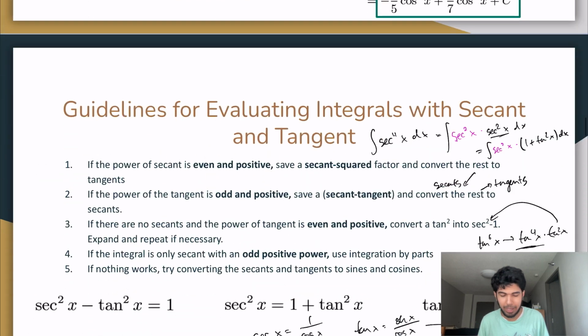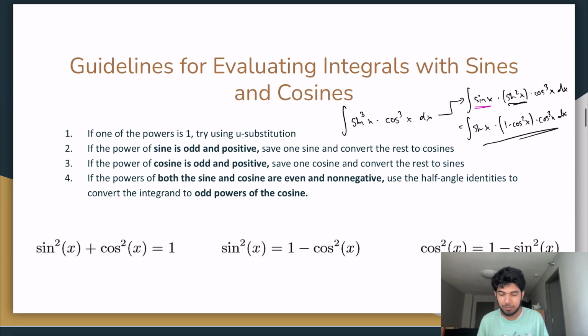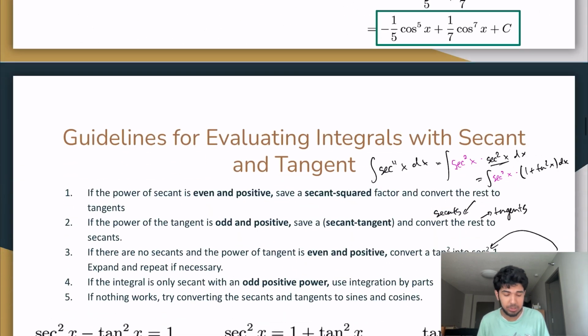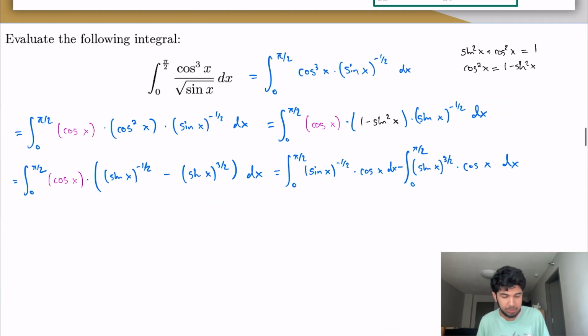In fact, if we look back at our guidelines, the first guideline is if one of the powers is 1, try using u-substitution. And indeed, we see in both of these integrals, we have a trig function whose power is 1. And it says u-substitution, so we also have to think about which u do we want.